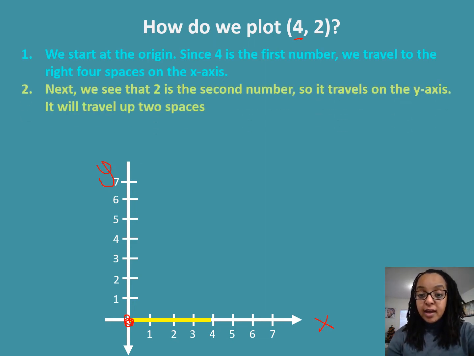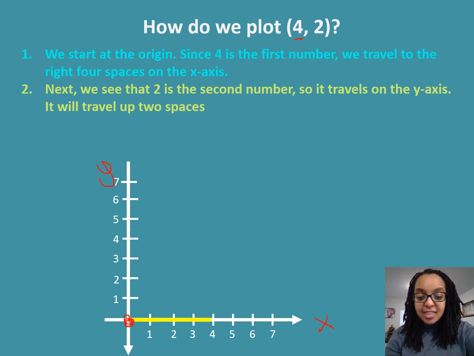Now I talk about my second number, the number 2. The 2 is on the y-axis, and that means I need to travel 2 spaces up on my y-axis. But I need you to pay attention here. I am not going 2 spaces up this way from the origin. What I'm really doing is picking up from where I stopped on the x-axis right here. I hope you're looking at that red dot.